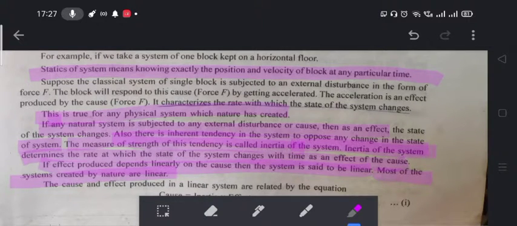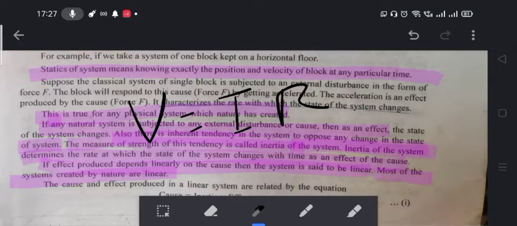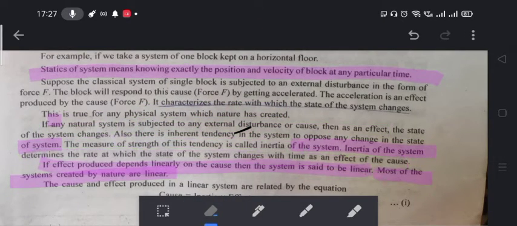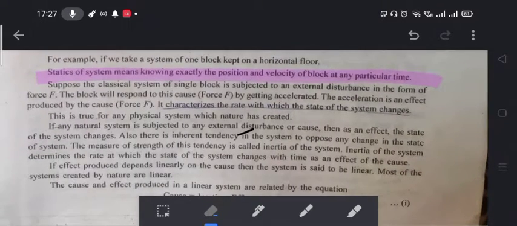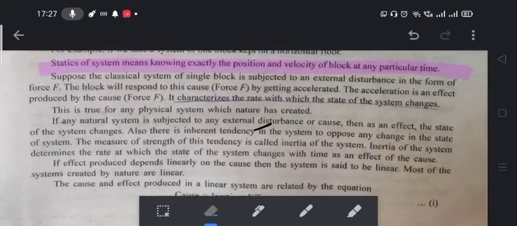In future. So the cause and effect produced in a linear system are related by an equation. For example, in V is equal to IR, Ohm's law, as we increase the potential V, the current I increases. So a current-carrying conductor is also a linear system.